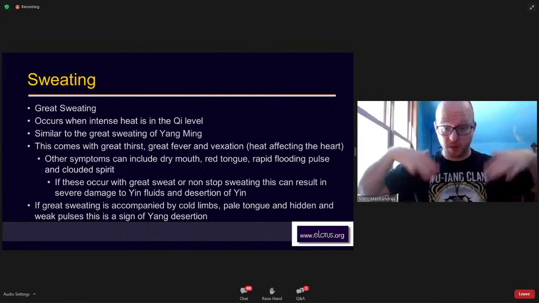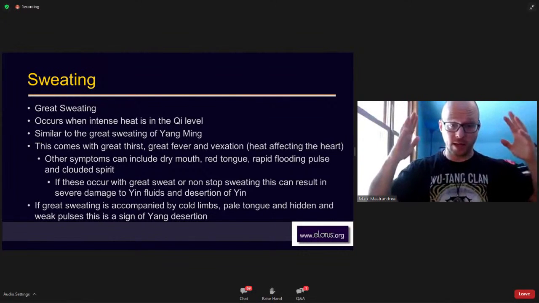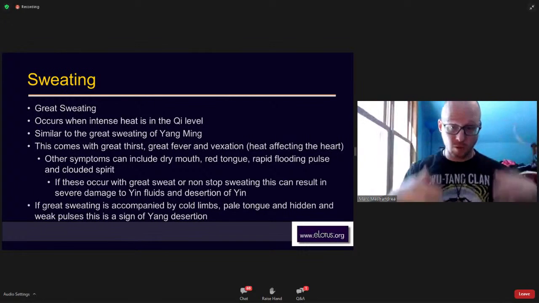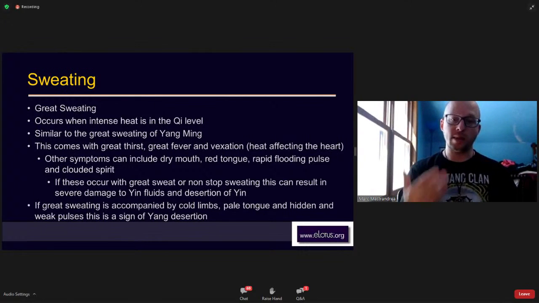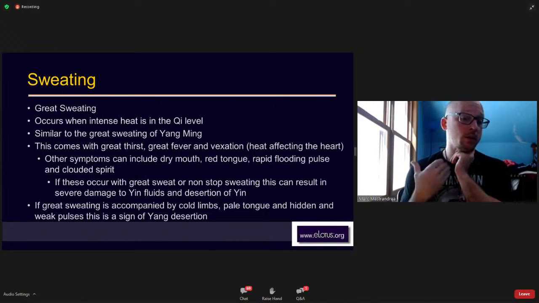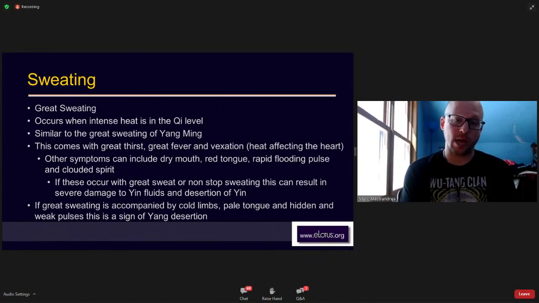That's what you're feeling in the pulse if it starts to float. You're starting to feel that yang move up and out of the body, and then it becomes hidden and weak, right? So in that case, you've got a problem because you've got yang qi desertion. Now you still have to clear heat, but you're going to have to nourish yin and anchor yang in the process of that. So that's just a compounding condition there.